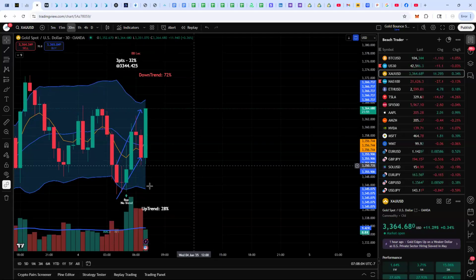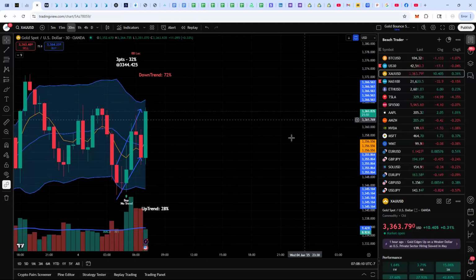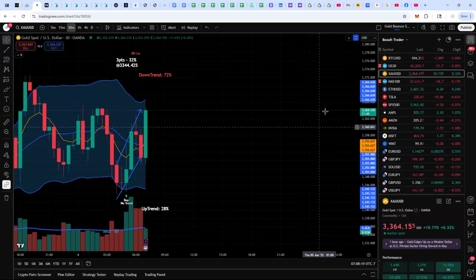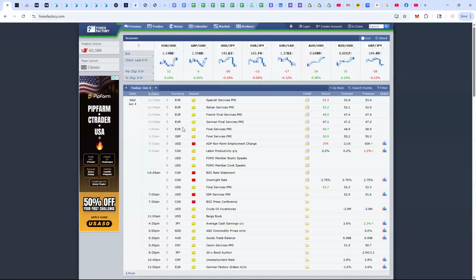Look at the gold. Gold just went up really quick. Wow, that was crazy. It's based off of the news. Yeah, the other news event happened and shot gold up. So let's see what happened on this news. Is it bad news for us?